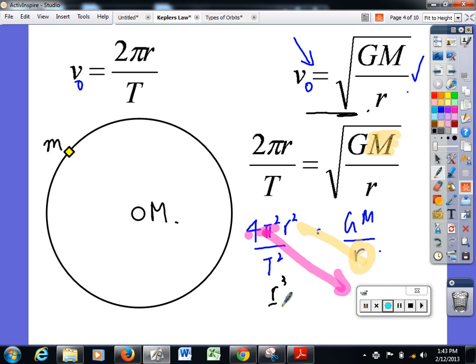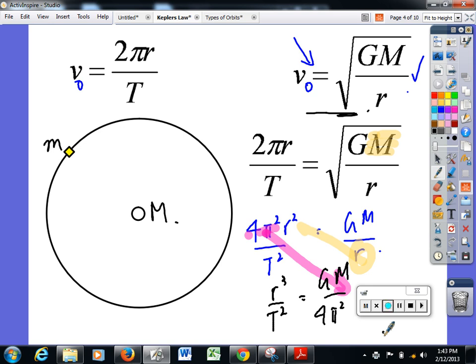r cubed on T squared is equal to capital G M on 4 pi squared. Okay? Are we okay with how to equate those ones there? And in the blue book, you just have to do that in question 35.